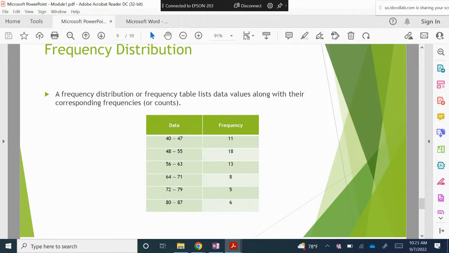So it'll be 48 minus 40, which is 8. The class width is not going to change between the classes. 56 minus 48 is also what? 8.